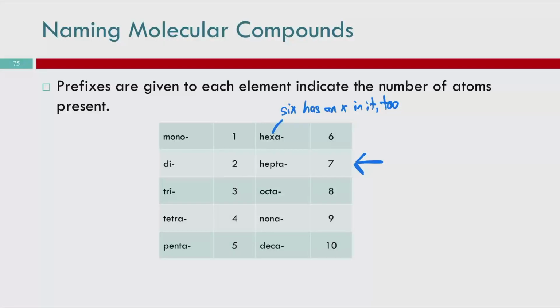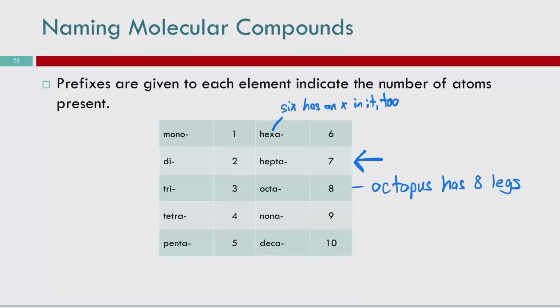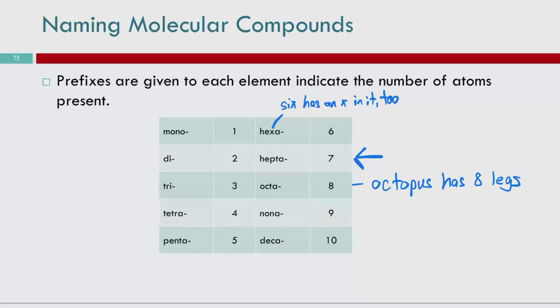Hepta is for 7. Octa, like the octagon or octopus. I'm going to write octopus has 8 legs. Hopefully we knew that. And then nona, not like grandmother, but I pronounced it that way, for 9.